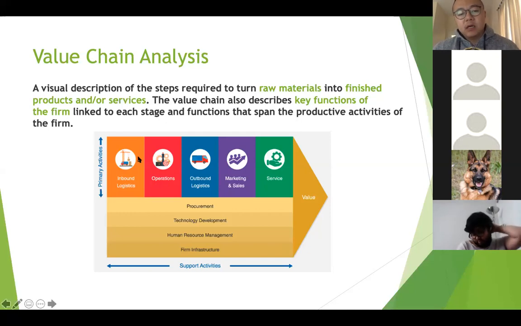That means if we lose any one of the primary activities, the company cannot run very well, maybe it might not run at all. But if you lose any one of the supportive activities, the company can run, but it cannot run very well. So that's the difference.